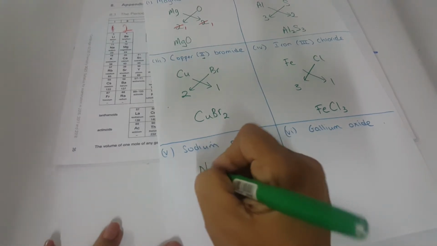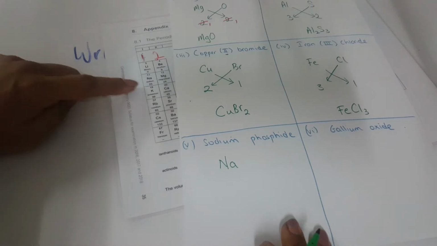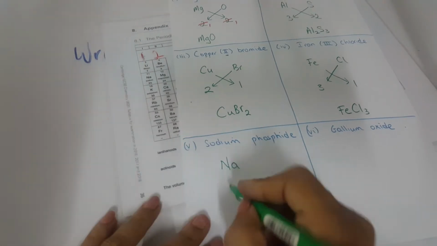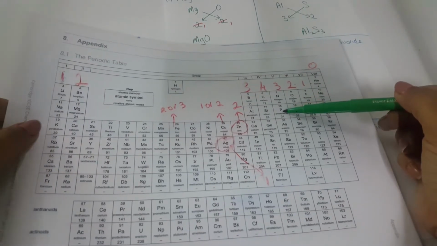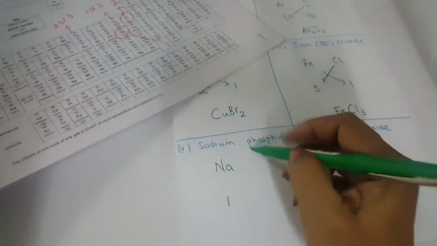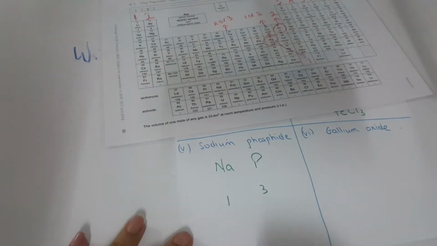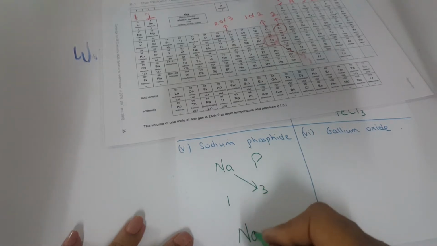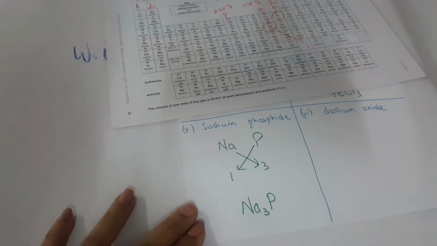Sodium is Na, and it has a valency of 1. Phosphide is phosphorus. If you look at phosphorus, it is here, it has a valency of 3. Then you cross it, and Na takes the 3, and P takes the 1. So no need to put 1 again.